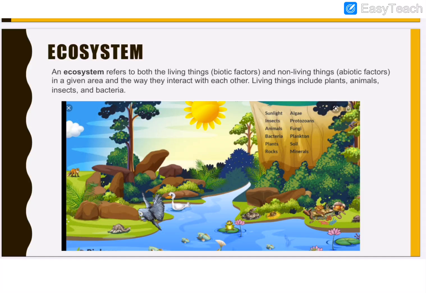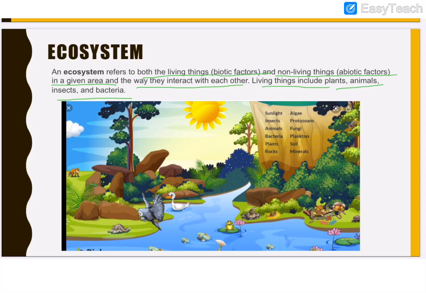So ecosystem refers to both living things, meaning biotic factors, and non-living things, meaning abiotic factors, in a given area, and the way they interact with each other. Living things include plants, animals, insects and bacteria, and non-living things are soil, minerals, rocks.